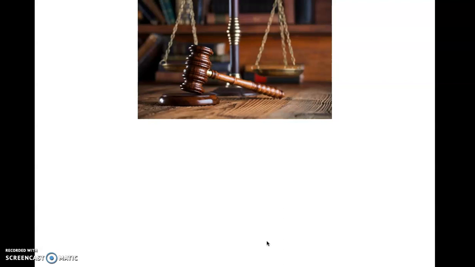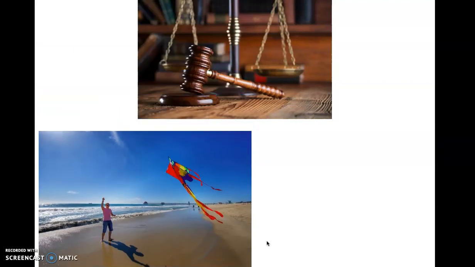We have certain things that are legal matters, that are important for law. Things that are against the law or allowed by law. So, for example, in many places in the United States, it is legal, so allowed by the law, to fly kites on the beach. If you go to a beach in Ohio, you can probably fly a kite on any of the beaches.